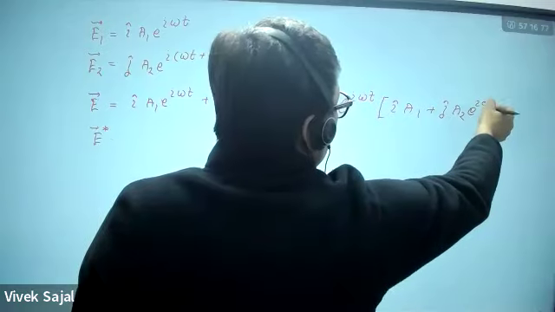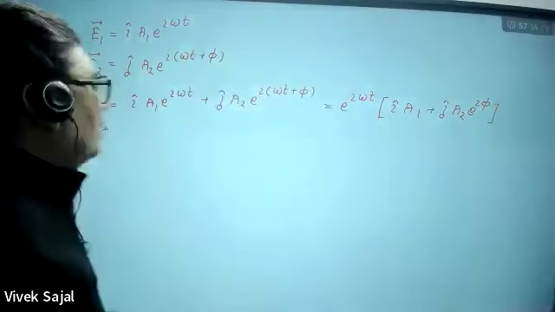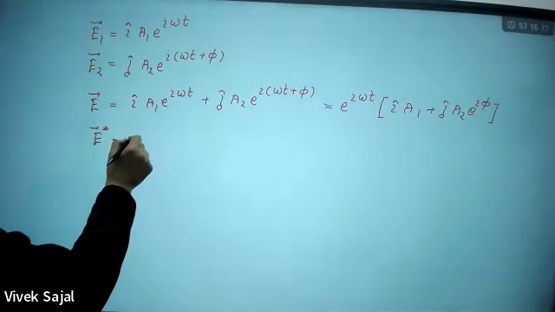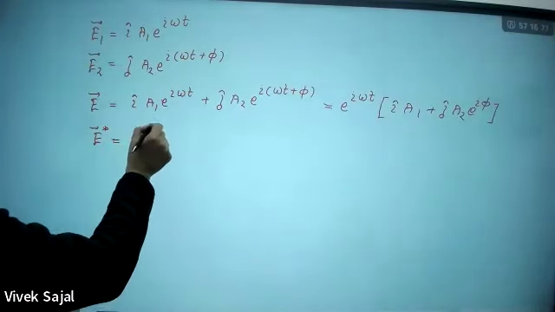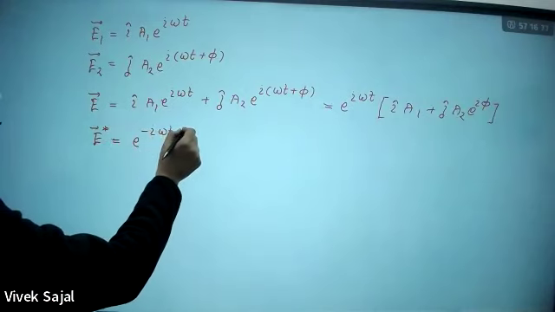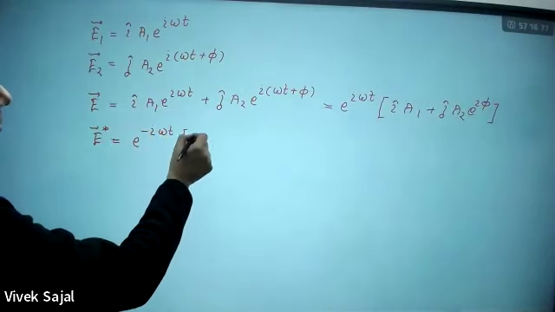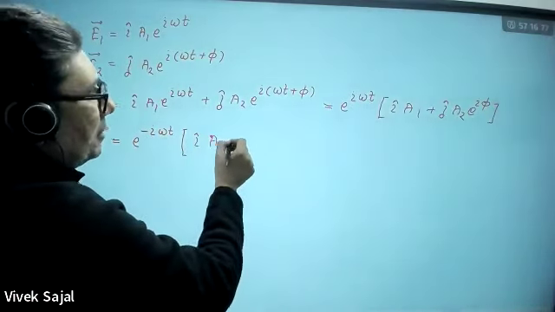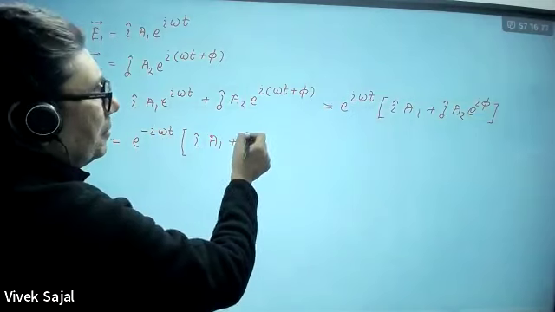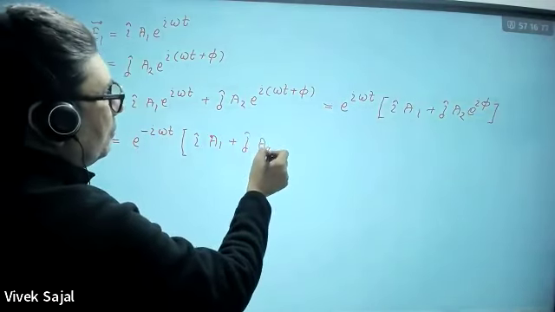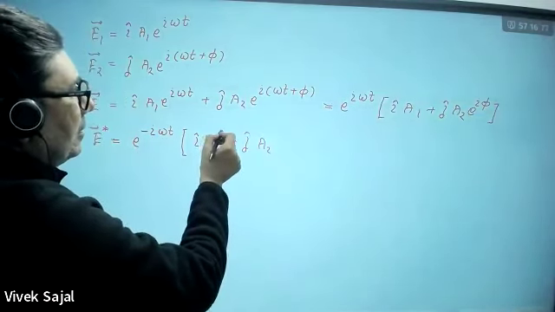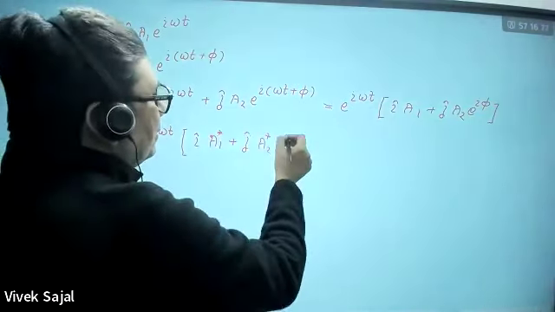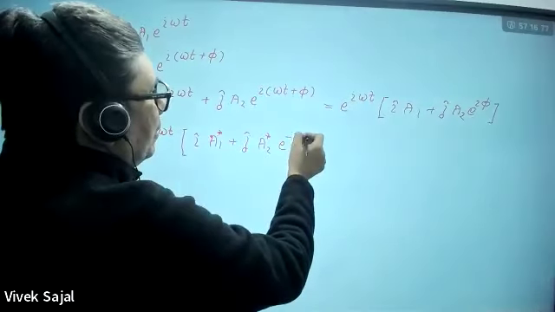You are going to get this. Now, what will be E star? E star will be e to the power minus iota omega t times (I cap A1 plus J cap A2 e to the power minus iota phi). If you want to place a star here, that is okay.